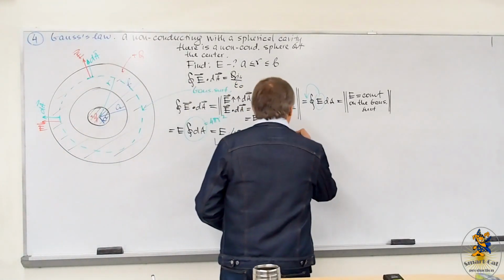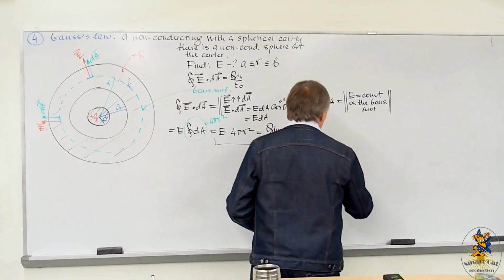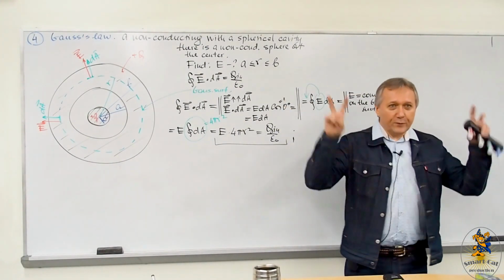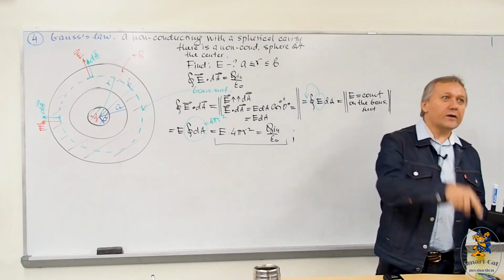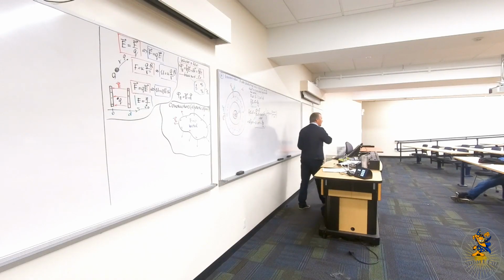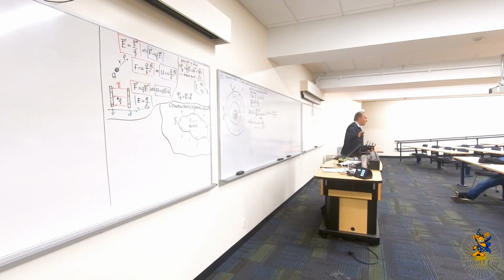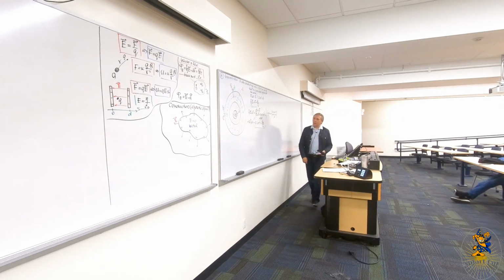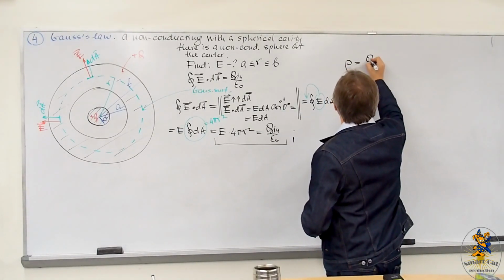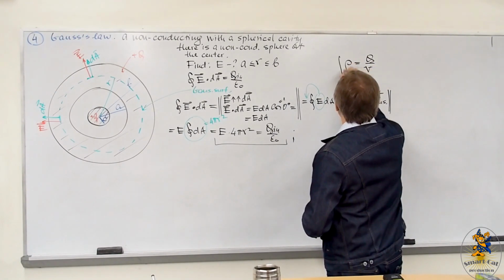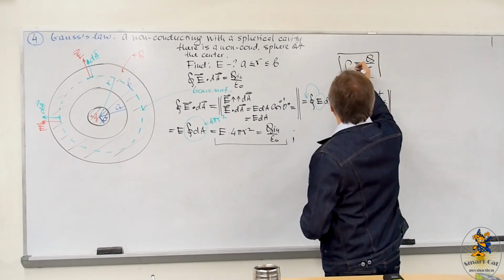So what we need to remember is the definition of Q enclosed: it's all charge physically present within the Gaussian surface. Where it's present, Gauss's law doesn't care. If it is inside, we just need to count it in. And second, of course, we need to remember the definition of volume charge density, rho equals Q divided by V. Okay, this is my rule.